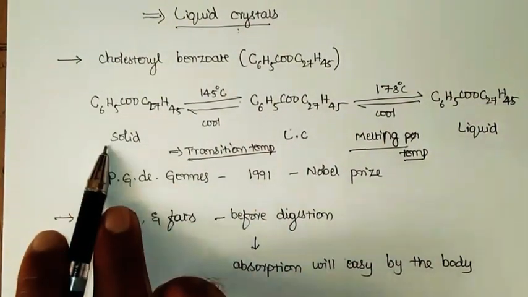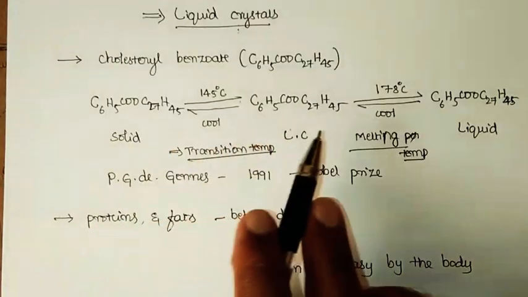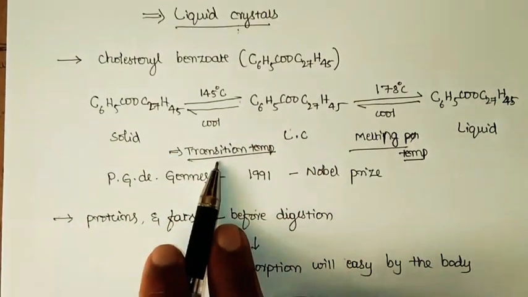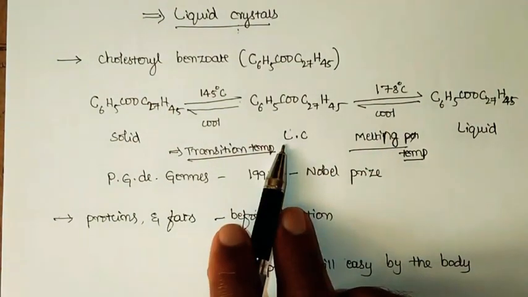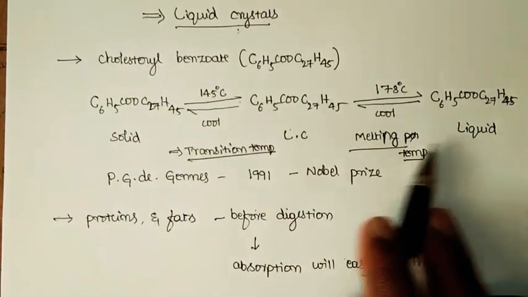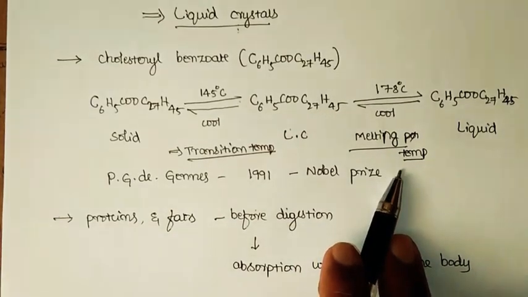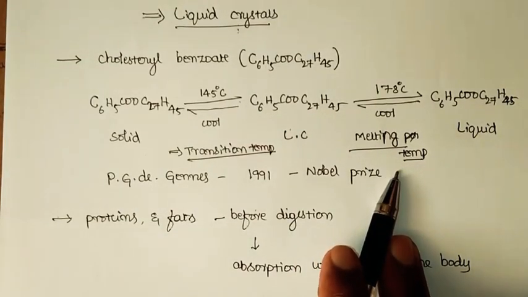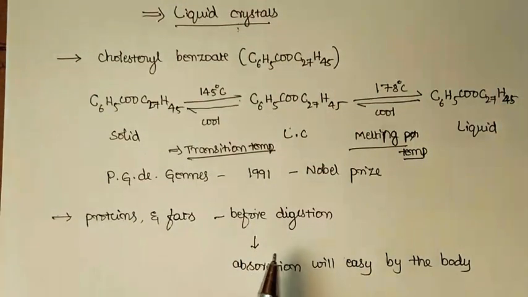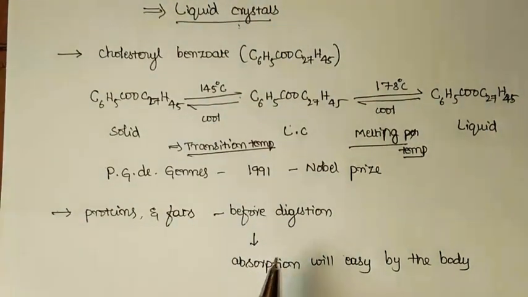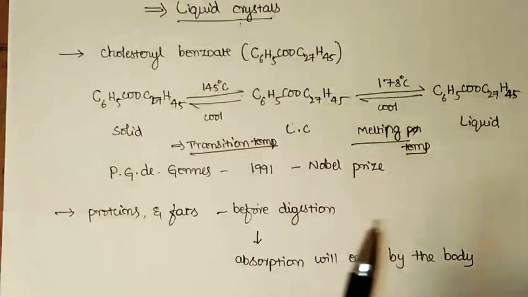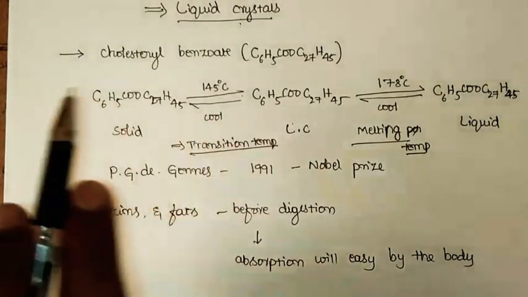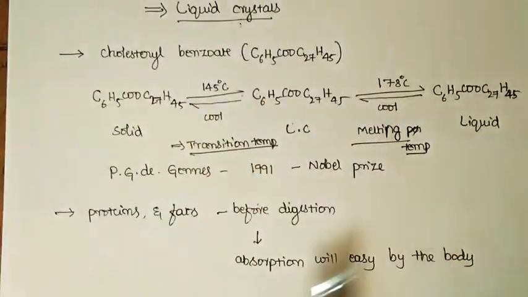So the temperature at which the pure crystalline solid changes into the liquid crystalline state is called the transition temperature, and the temperature at which the liquid crystalline state changes into true liquid is called the melting temperature. And the materials which have the capability to exist in the liquid crystalline state are very stable, because they will not undergo decomposition, since they are not directly changing into the liquid.